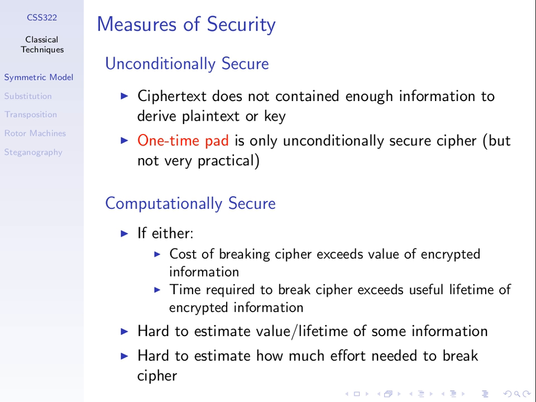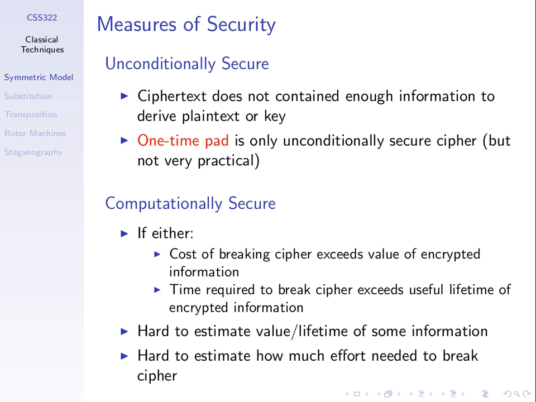How do we know if something is secure? Someone designs an encryption algorithm. How do we say this is secure, this is not secure? We can say something is unconditionally secure. That is, the ciphertext does not have enough information in it, in theory, to find out what the plaintext or the key is.